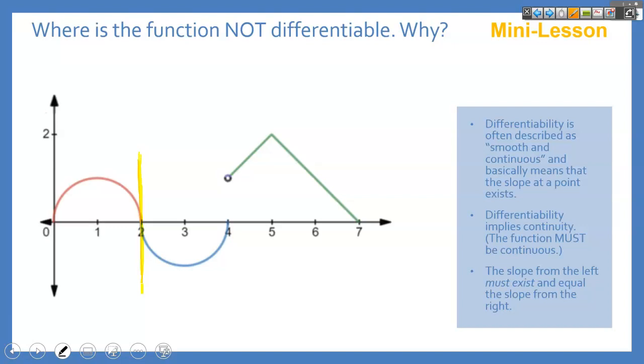So it's not differentiable at 2. You have a vertical tangent. It's not differentiable at 4 because it's not continuous. And it's not differentiable at 5 because you have a corner.